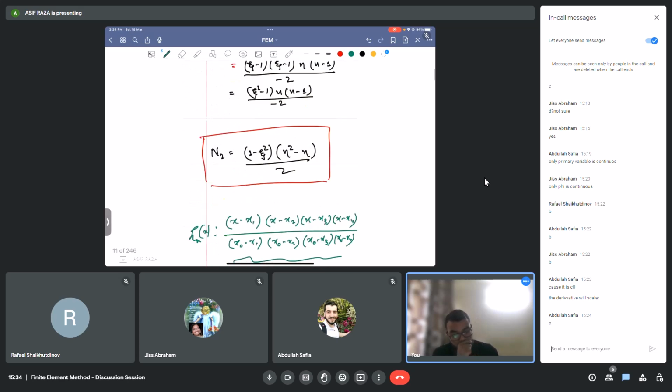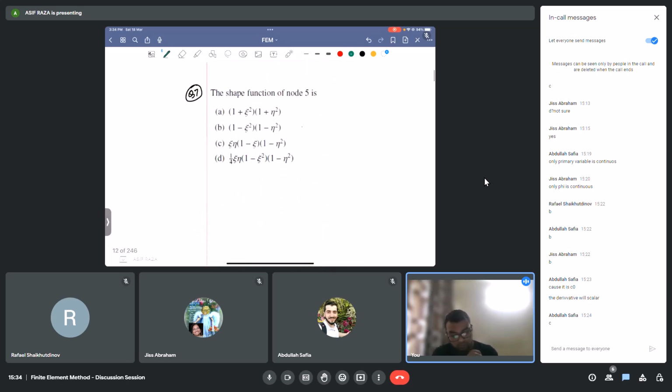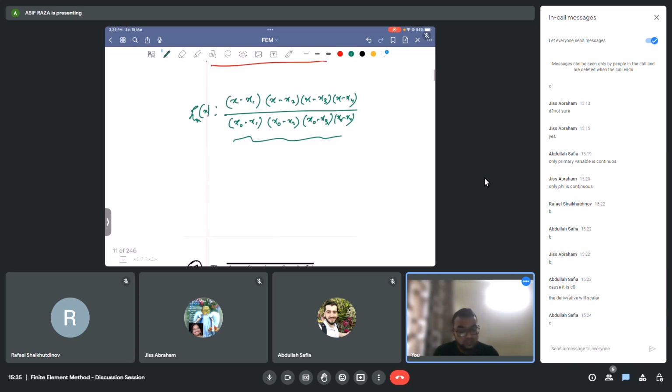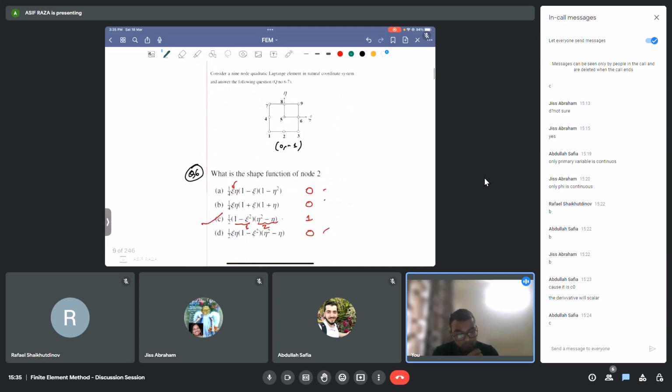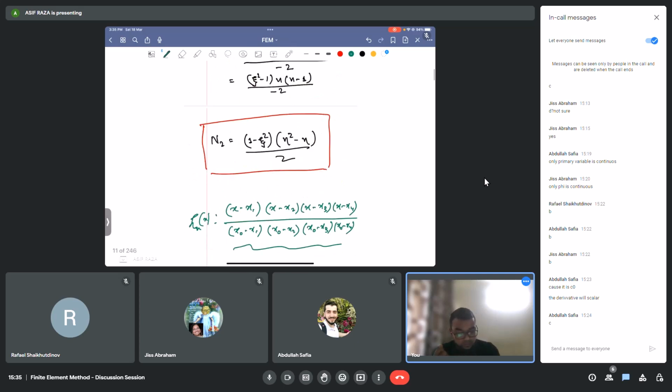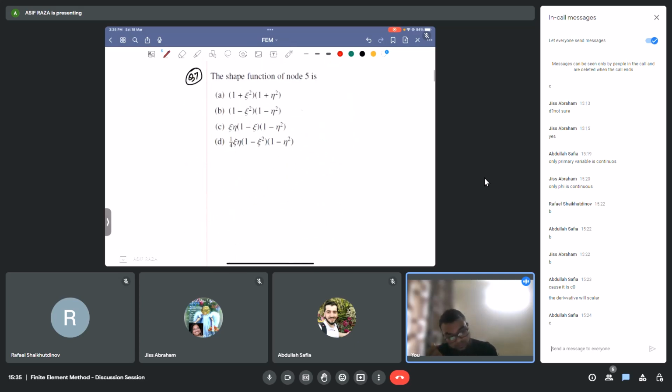Now let's move on to the second question. Next question: the shape function of node 5 is. So let's try first using that elimination thing. Then again we can think of how to solve this the way I was trying to do. We want to find the shape function of node 5. The shape function of node 5 has a coordinate of xi, eta as what? 0 comma 0, right?